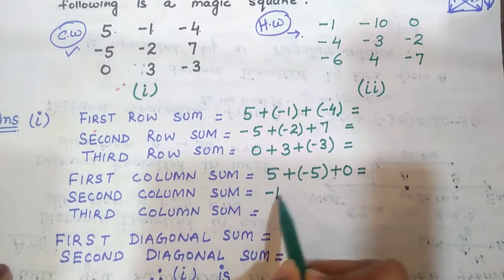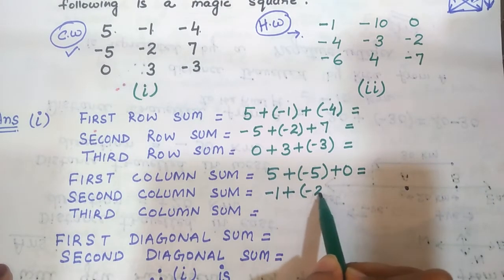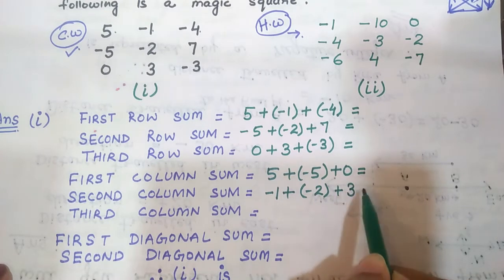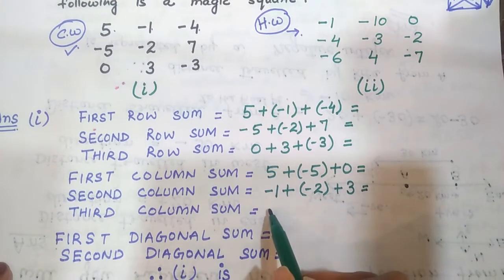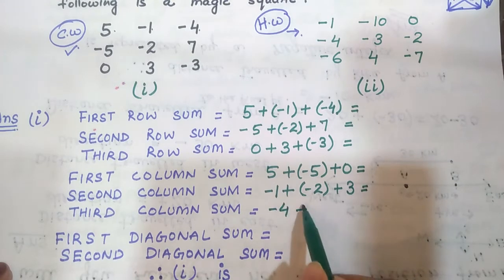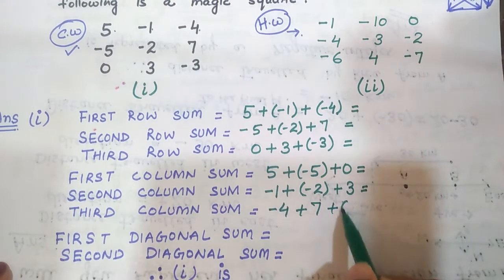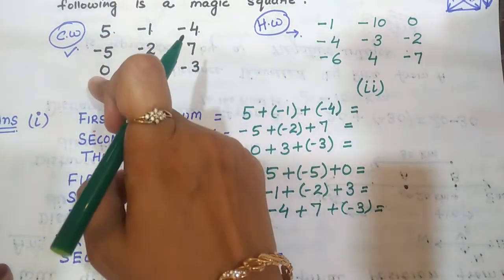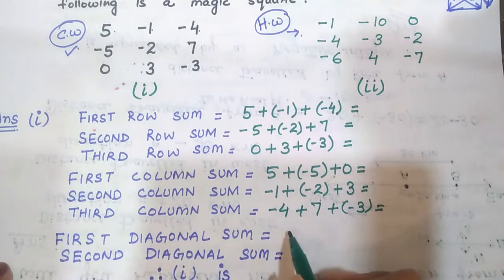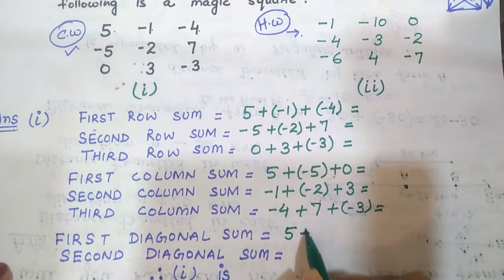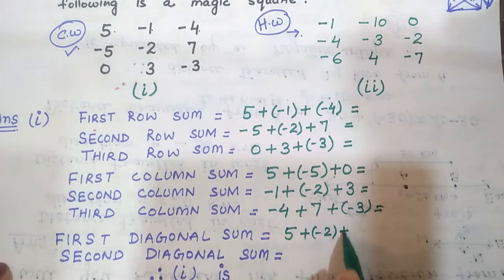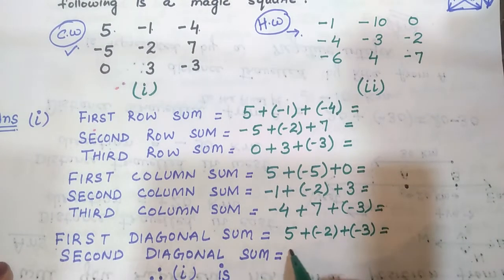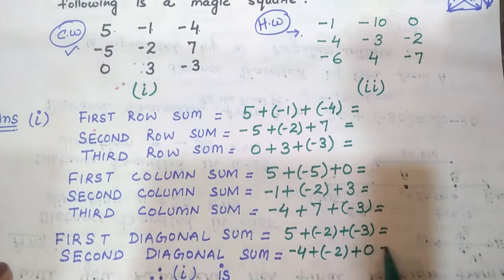Second column (-1) plus (-2) plus 3, and third column is (-4) plus 7 plus (-3). First diagonal is this and second diagonal is this. So first diagonal sum 5 plus (-2) plus (-3). Second diagonal is (-4) plus (-2) plus 0.